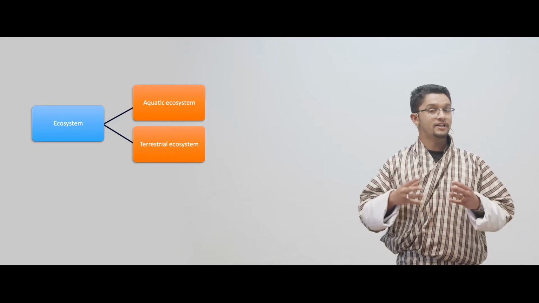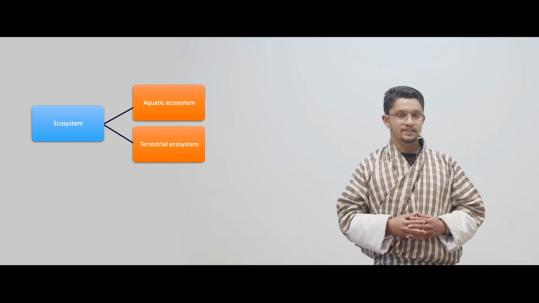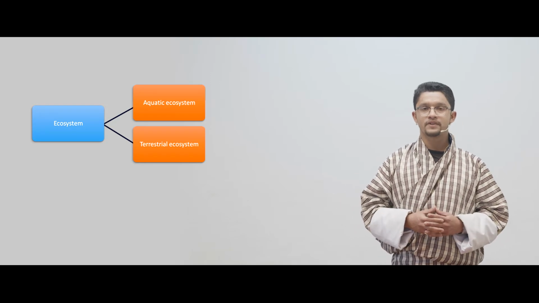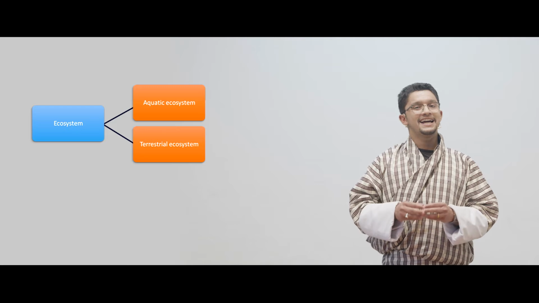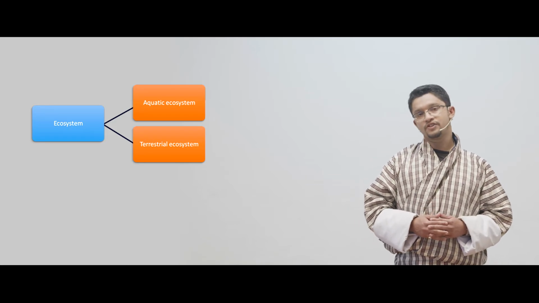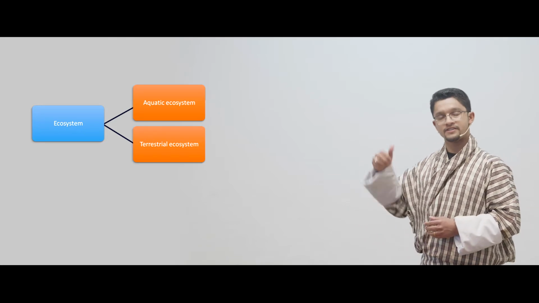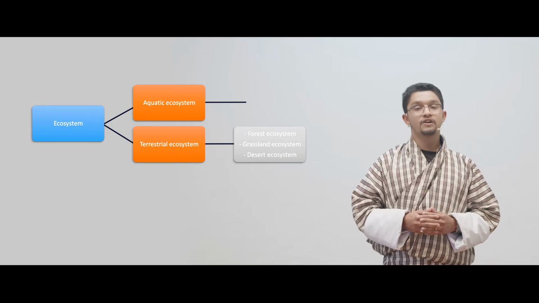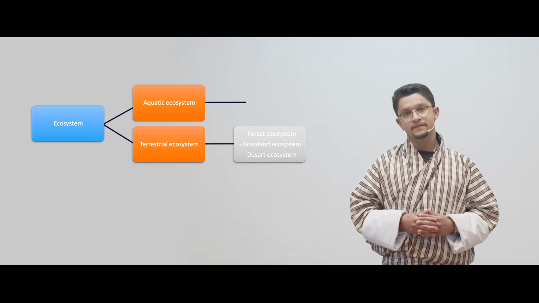Terrestrial here means land ecosystem. To look at terrestrial ecosystems, we can further break them into, let us say, forest ecosystem, grassland ecosystem, and also desert ecosystem.